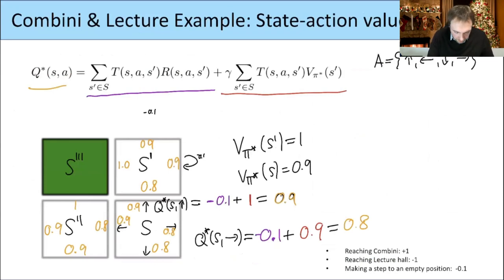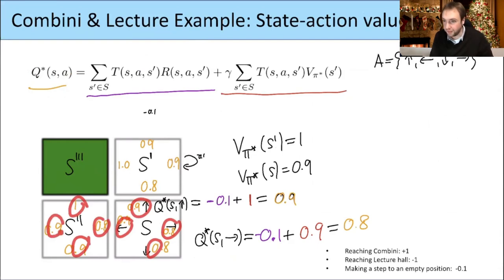So therefore, the goal is to find these orange numbers. And this is what we want to do in this Q learning algorithm, because we want to learn these values of Q. And what we will do is we start with some random numbers or zero numbers, so that we will start with zeros everywhere. And then we will use this algorithm and this Bellman equation to slowly get an approximation for these orange numbers.